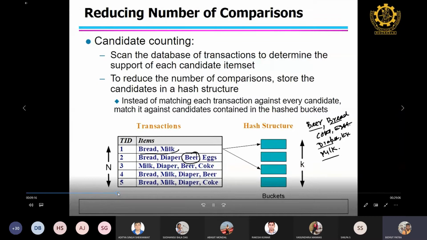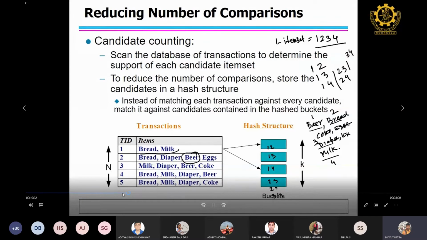So you can give some numeric value. Without looking into the transactions, you can generate all the candidate item sets from this set of items 1, 2, 3, 4. So it will be 1, 2, then 1, 3, 1, 4, then 2, 3, 2, 4, and then 3, 4.